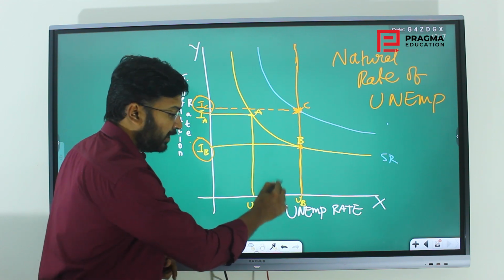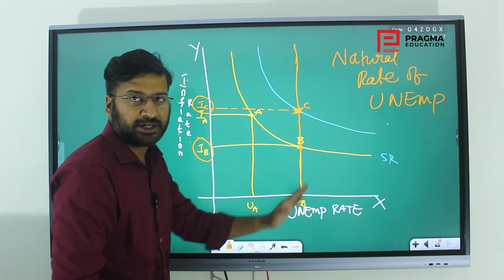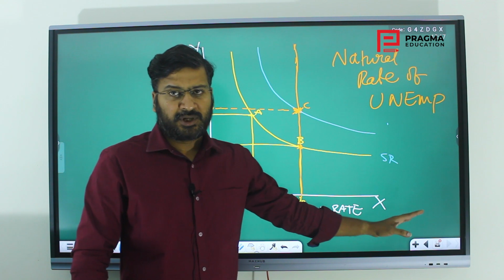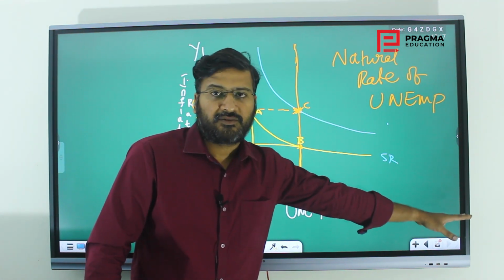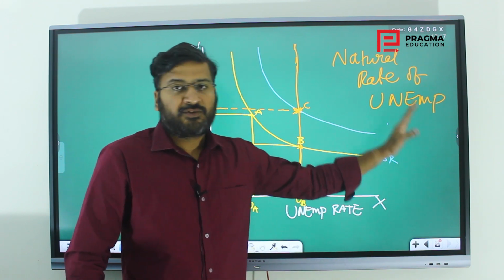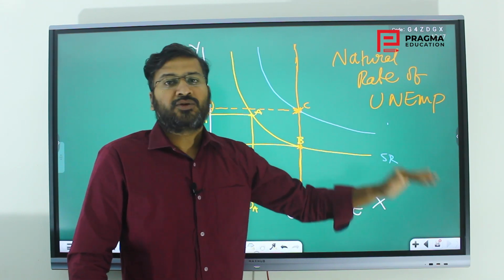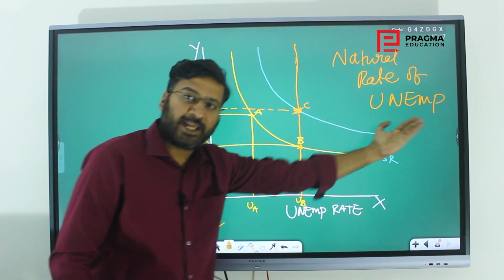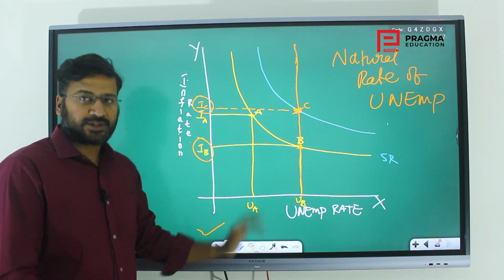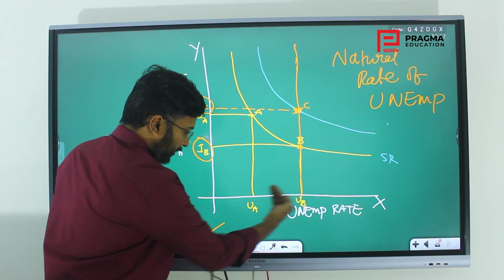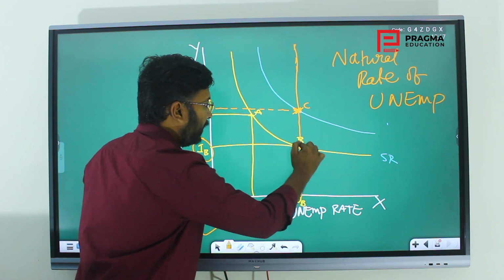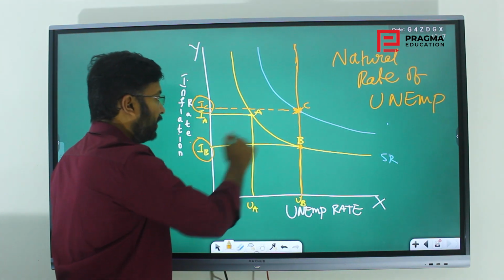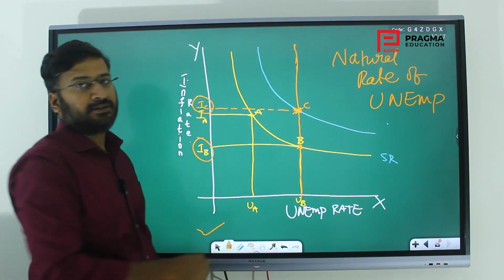As we have seen, additional capital will create additional jobs, additional salaries, additional disposable income, additional aggregate demand, additional inflation. That is how inflation kicks up. So when they try to reduce that inflation, the unemployment rate will again increase. It will not reduce. It will still go here, but inflation will not be IB, it will be IC.